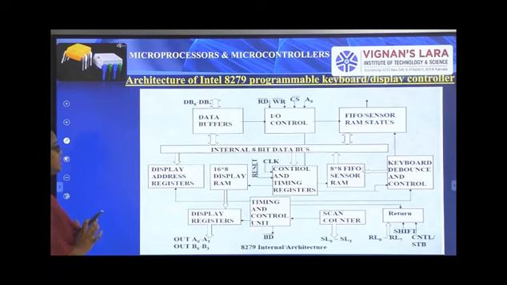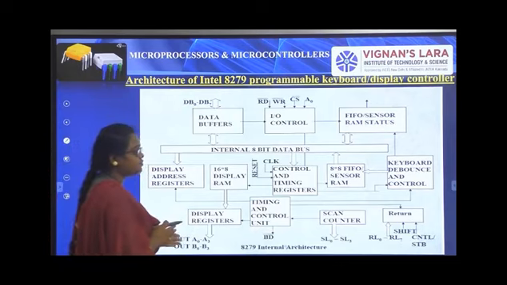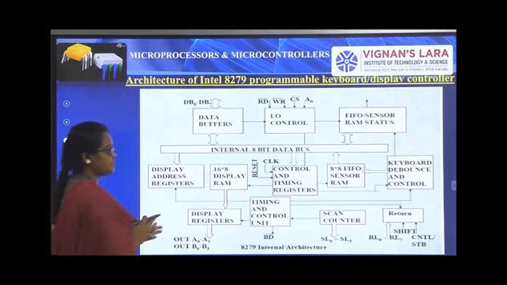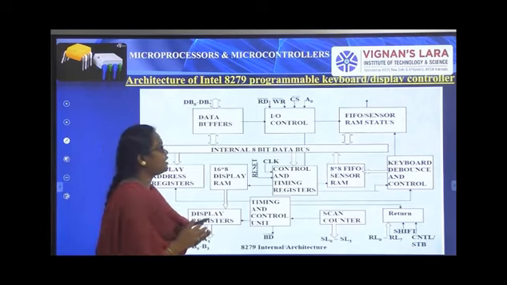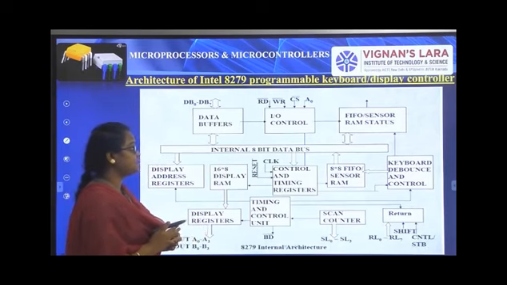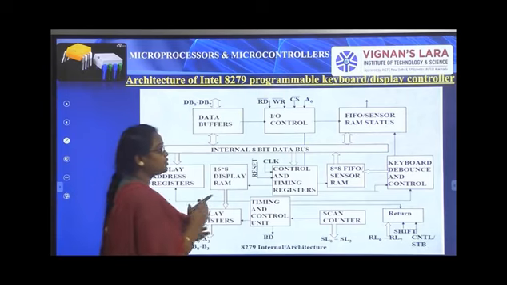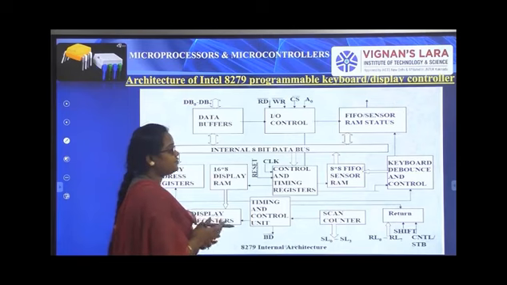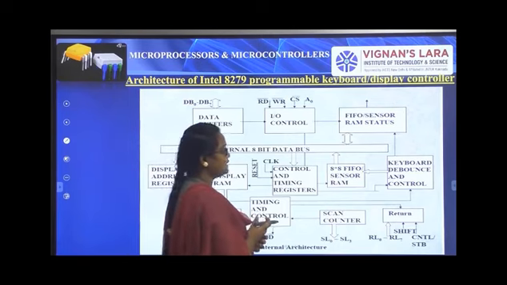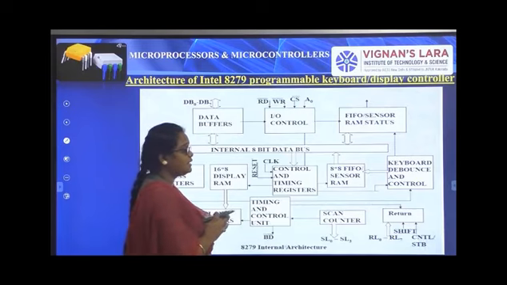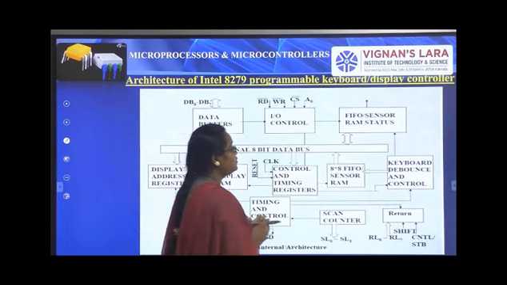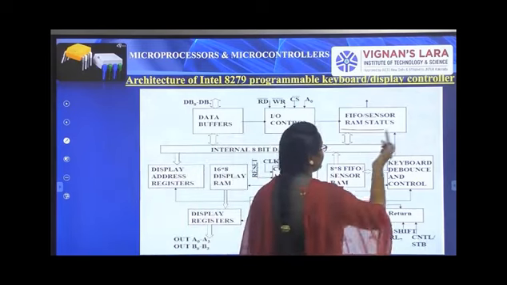Data buffers are used to transfer data from the 8279 to the 8086 microprocessor, and the input output control is used for input and output read and write transactions. FIFO and sensor RAM status: whenever we press a key, that data will be stored in the FIFO RAM.